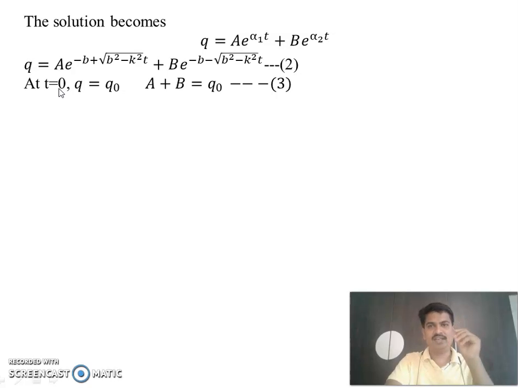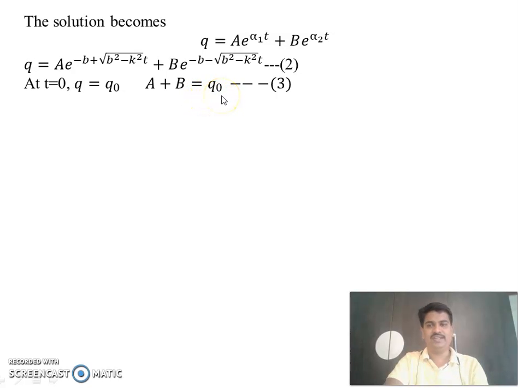While discharging, at t equal to 0, the charge on the capacitor will be maximum, and I am calling it q naught. It's the peak value of charge at t equal to 0. If I substitute that in equation 2, with t equal to 0, the first term gives A and the second term gives B, so A plus B is equal to the peak value of the charge, q naught.